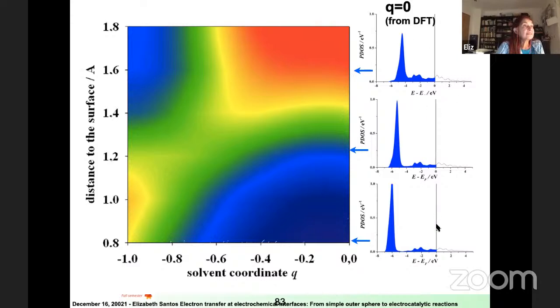And then with this density of states, we fit using the Anderson-Newns model, and we obtain the interaction constants.